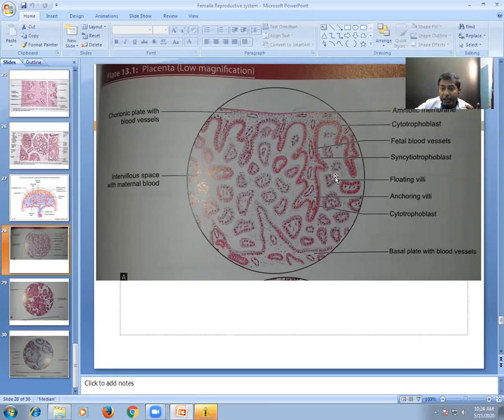In between these villi, you will get the maternal blood.